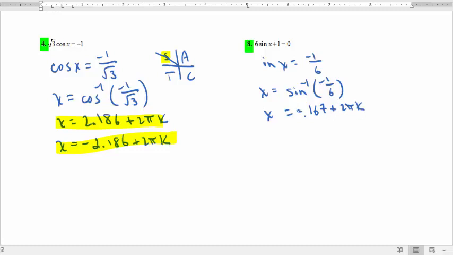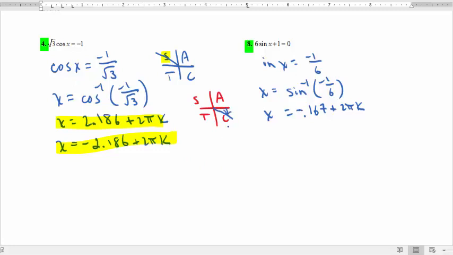Now that we've done enough of these, we realize, hey, we're just going to keep getting more solutions as we wrap around the circle. So that's one solution. But now here's the thing. This is where you got to think about where this solution came from. Negative 0.167. That's a smaller negative sign now, right?